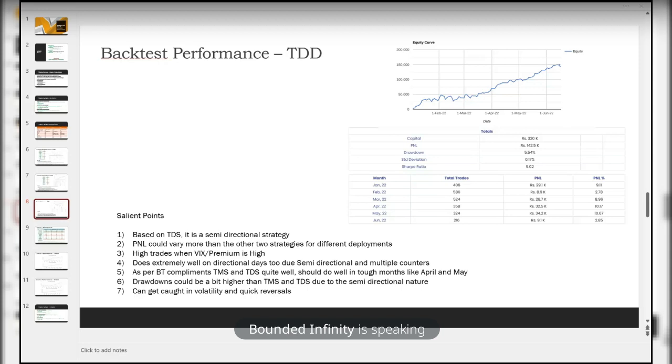I think in TDS the idea is that once we have 1,500 rupees decay, we will exit the position, right? In case of TMS, that's not the case. TMS is not looking for a P&L target as such when it's trying to change the position. It is looking at the market's behavior, that's coming from an external system.